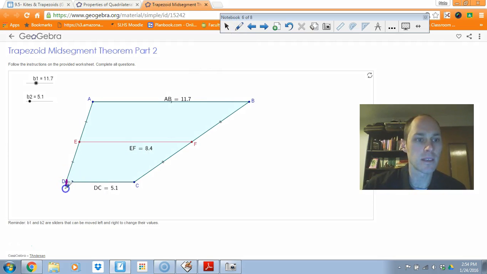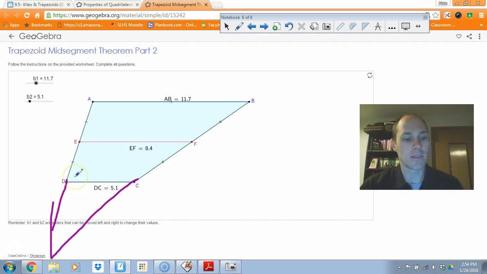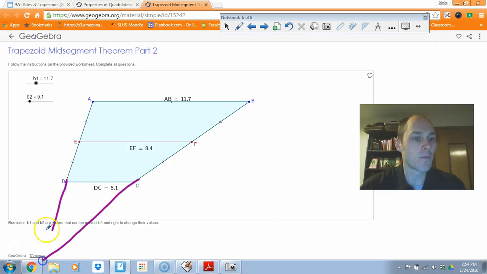Well, if I were to continue these lines, wouldn't that form a triangle? It's not a very good triangle, now is it? But anyway, we know that this is going to be broken down proportionally.